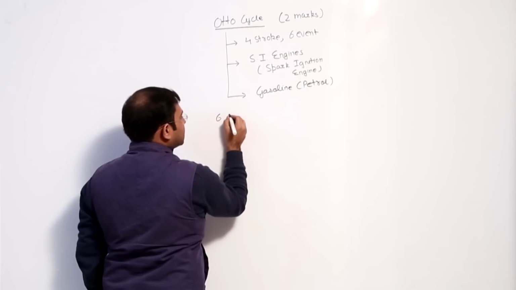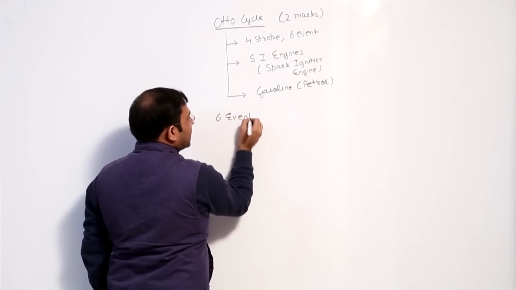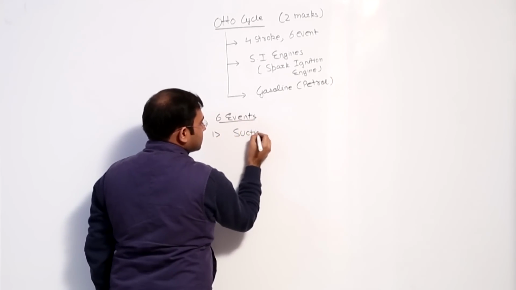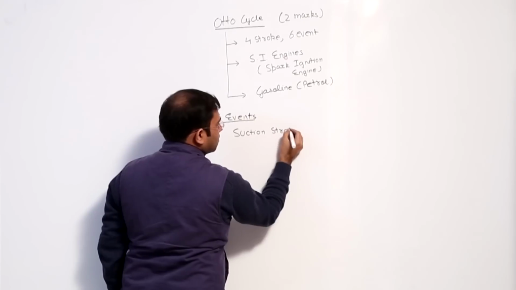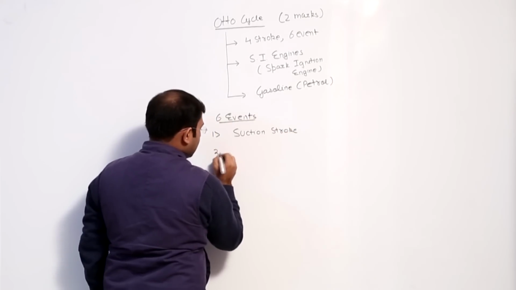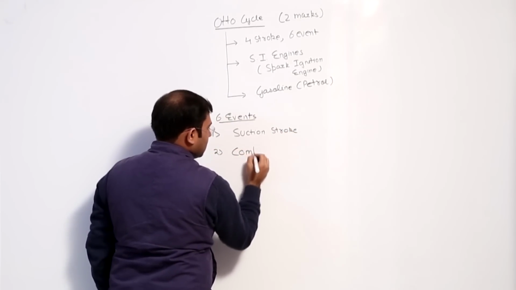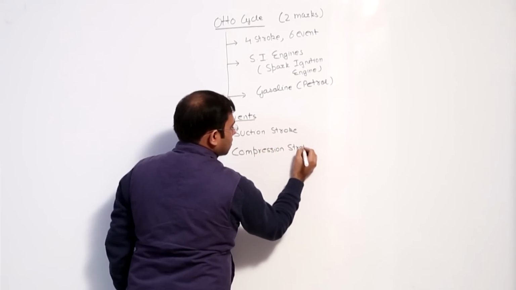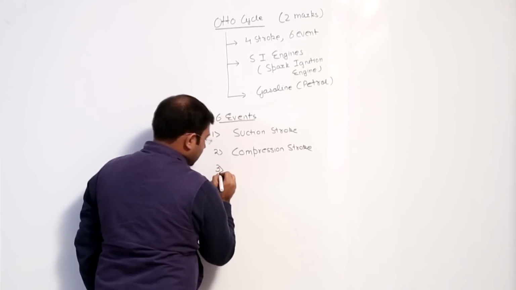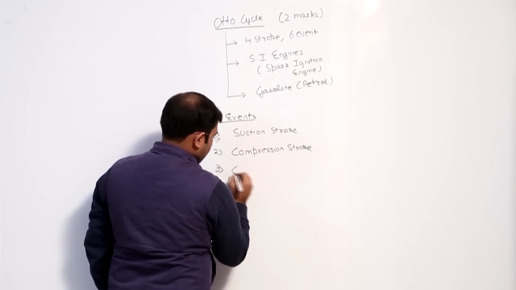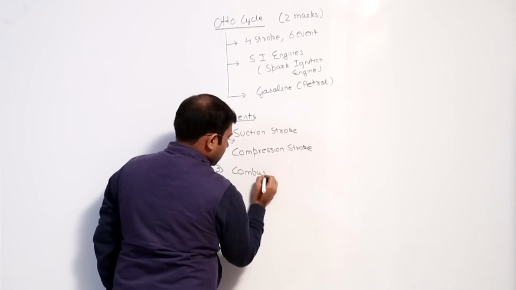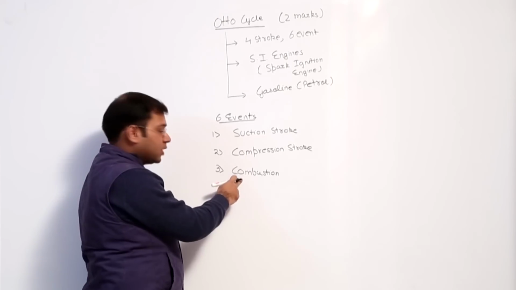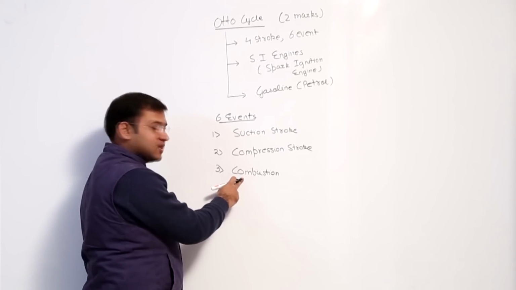And see, the 6 events that take place in an Otto cycle are: the first one, suction stroke; the second one is compression stroke; the third one is combustion. Now see, this event is not counted as a stroke because this is an instantaneous process.